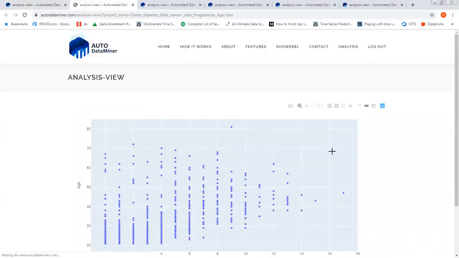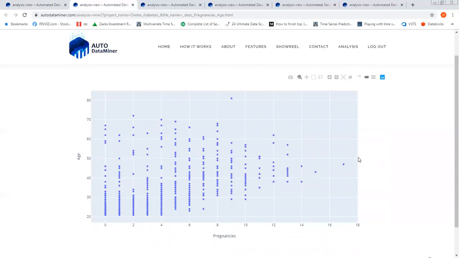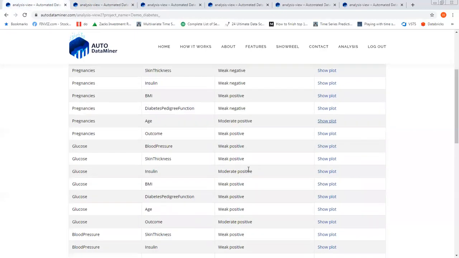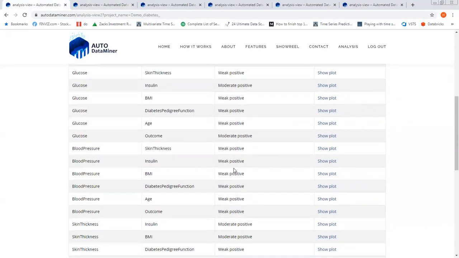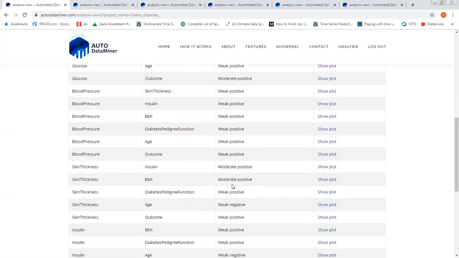If I click on that, you see something like this. When they are older, we usually have a higher number of pregnancies, and this is quite obvious. You can try different combinations here and see how they are related to each other.